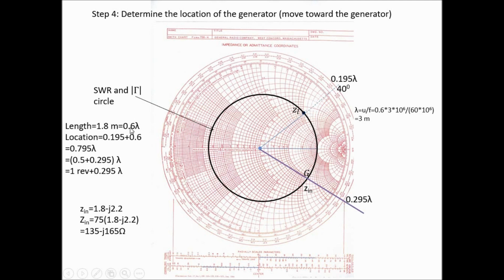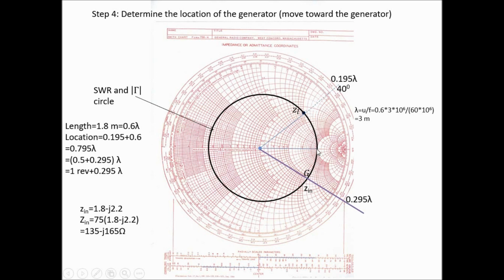How do we make 0.6 lambda from here? There is a lambda scale. You can see the lambda scale is here. If you start from this point and move a full circle, that will be 0.5 lambda.